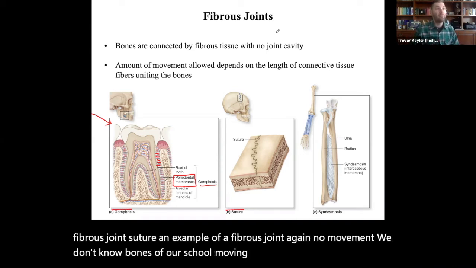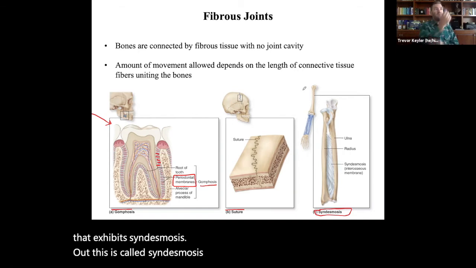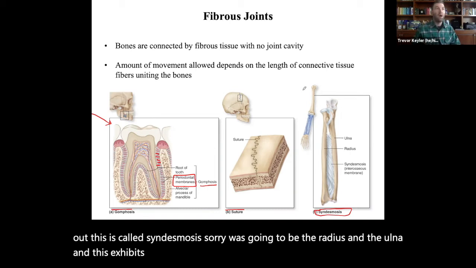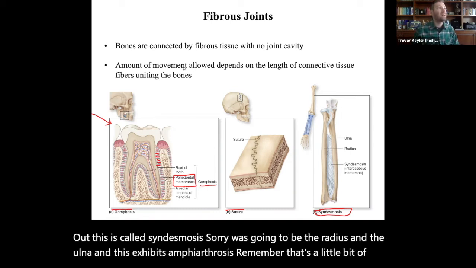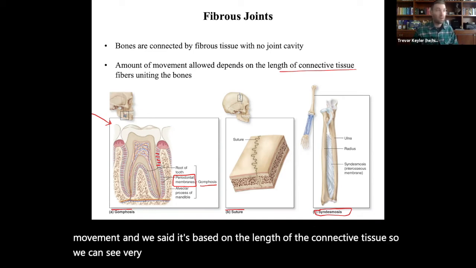But then a fibrous joint that exhibits syndesmoses, oh, this is called syndesmoses, sorry, was going to be the radius and the ulna. And this exhibits amphiarthroses. Remember, that's a little bit of movement. And we said it's based upon the length of the connective tissue. So we can see very, very small length of connective tissue in both the gomphosis and the suture.